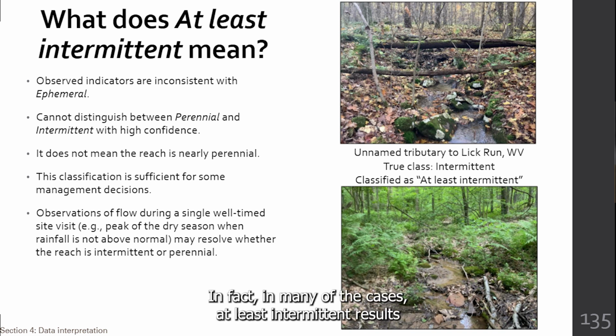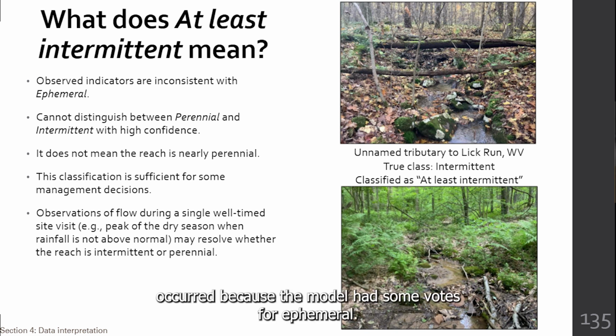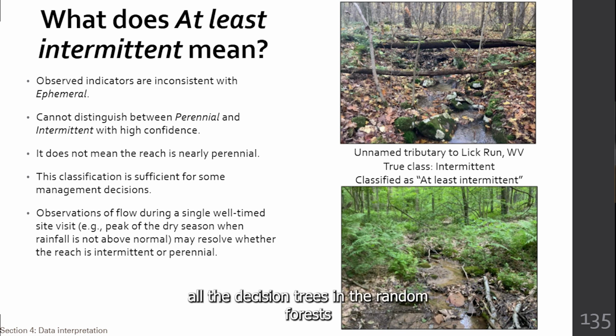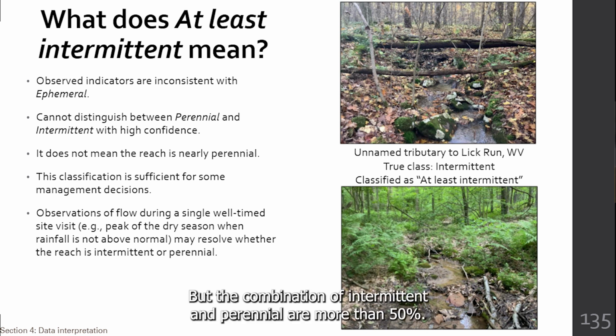In fact, in many of the cases, at least intermittent results occurred because the model had some votes for ephemeral. Typically 30 to 40% of the votes across all the decision trees in the random forest had a vote of ephemeral for a reach when it has at least intermittent. But the combination of intermittent and perennial are more than 50%.